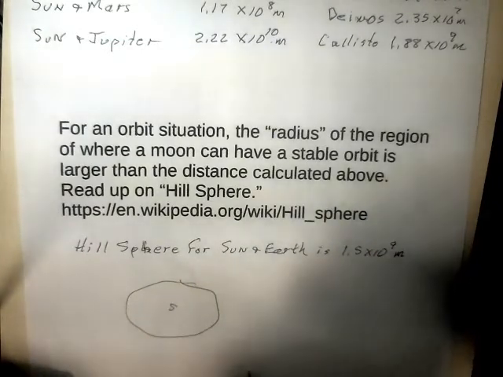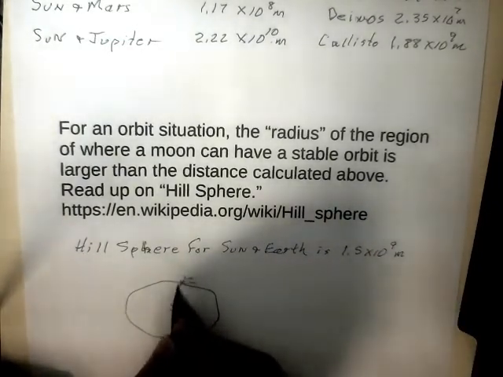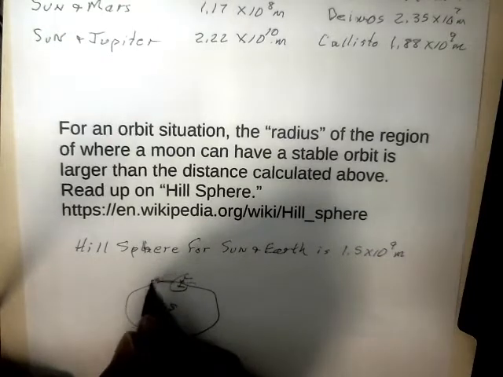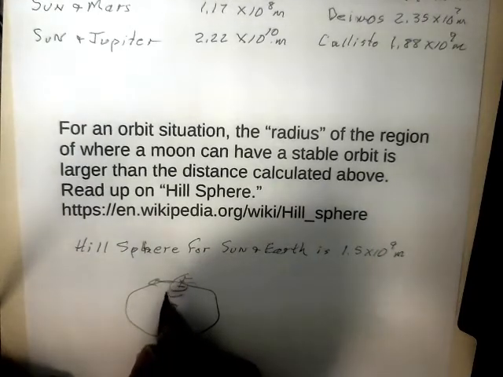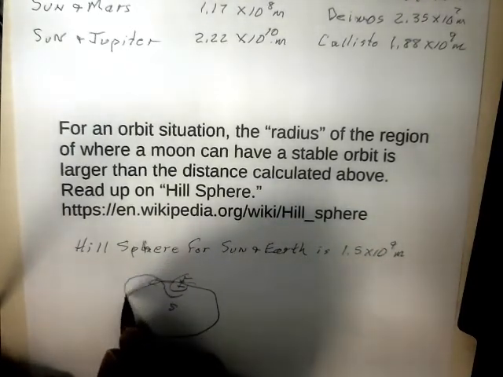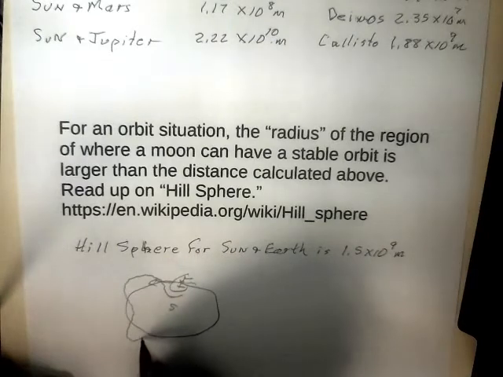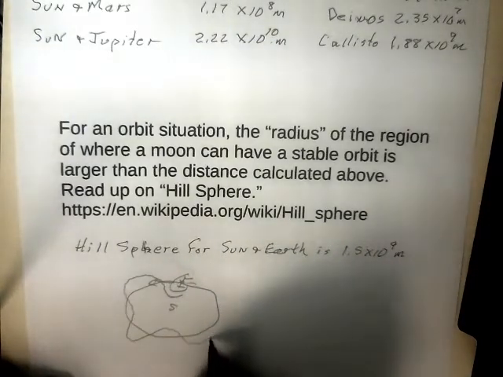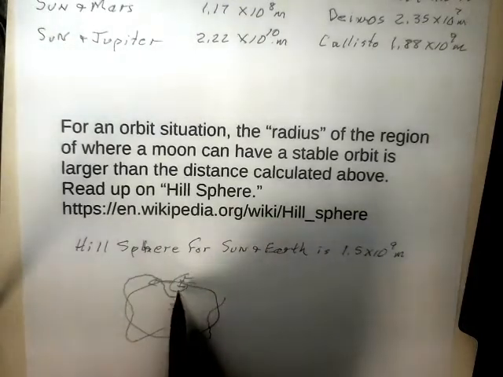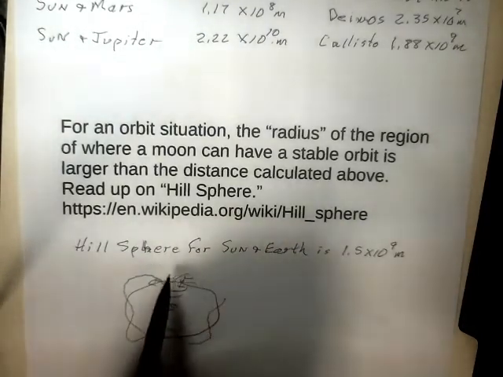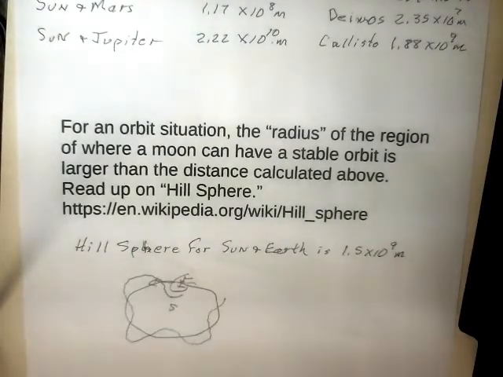So the sun at the center, and the Earth going around in its orbit. As the moon goes around in its orbit, this is not to scale, but the Earth is kind of whipping the moon back and forth across the orbit position of the Earth. And the same thing happens to the Earth, but in much less distance. The Earth is getting pulled back and forth by the moon as well.